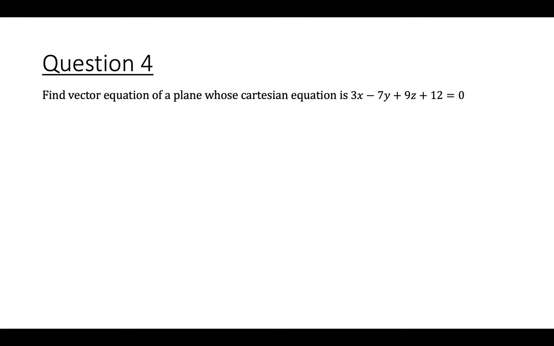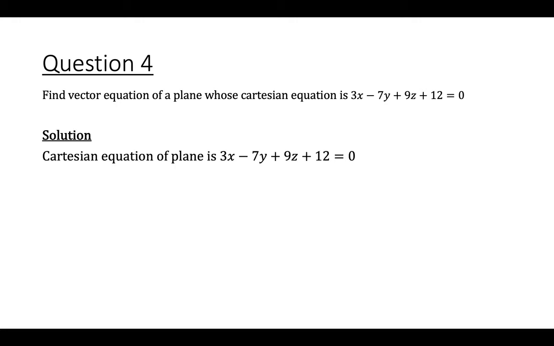Question number 4. Find the vector equation of the plane whose Cartesian equation is 3x minus 7y plus 9z plus 12 equal to 0. The Cartesian equation of the plane is 3x minus 7y plus 9z plus 12 equal to 0, and vector r is the position vector of P with coordinates x, y, z.